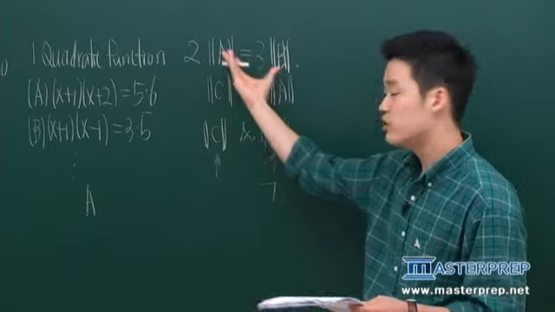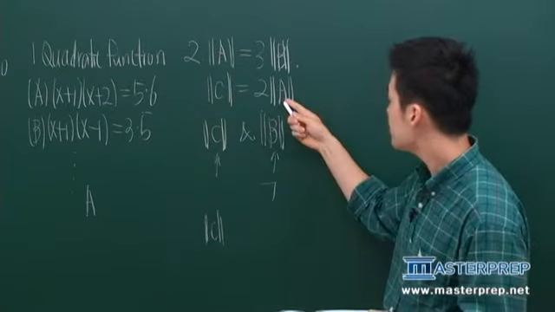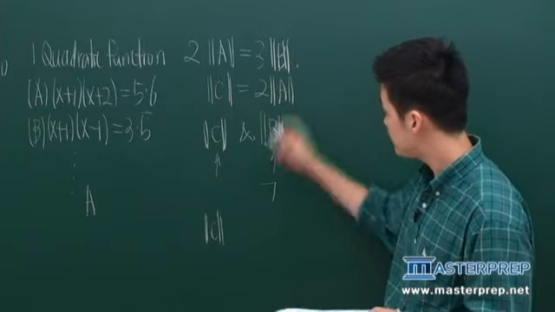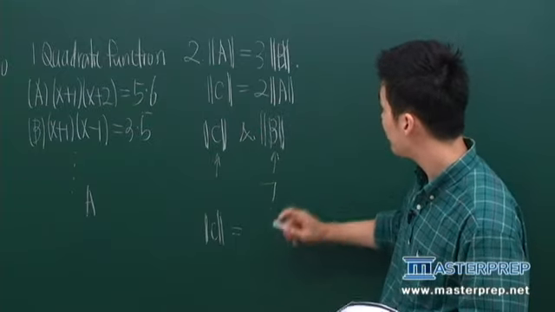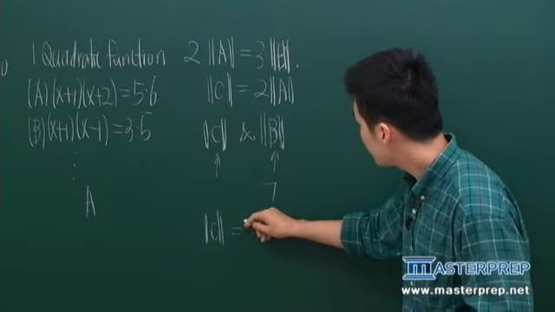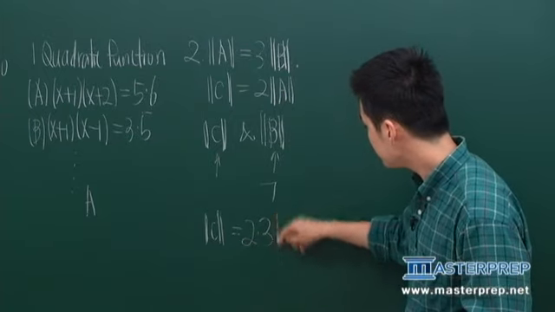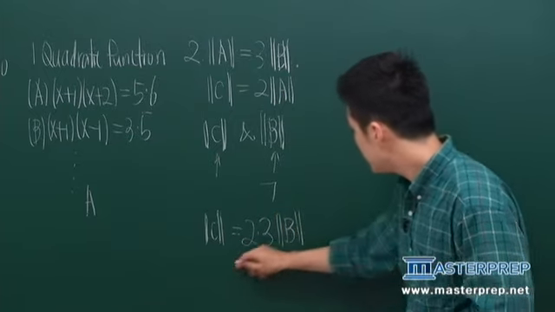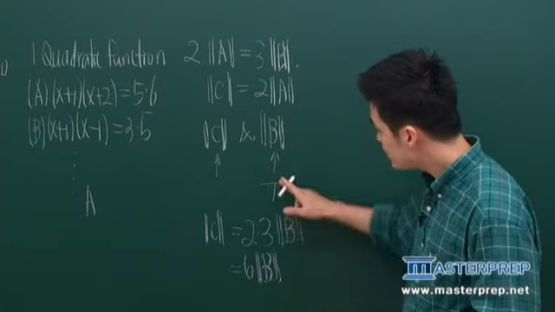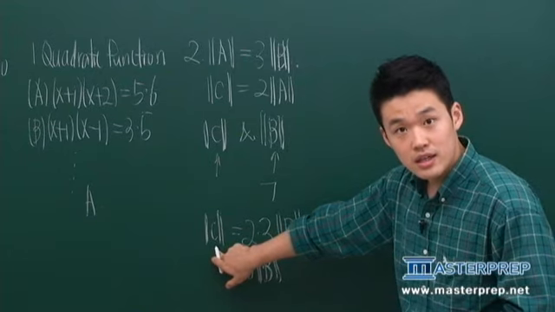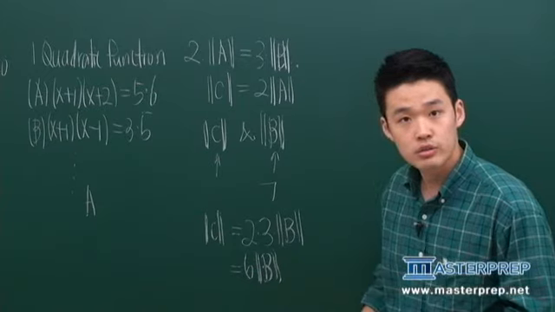The speed relation is transitive, which means you could plug this equation for A into that equation. I wouldn't like to call this a function because we haven't defined anything. So 2 times, instead of A, let's plug in 3 times B. This is equal to 6 times B, which means the speed of train C is 6 times faster than train B.